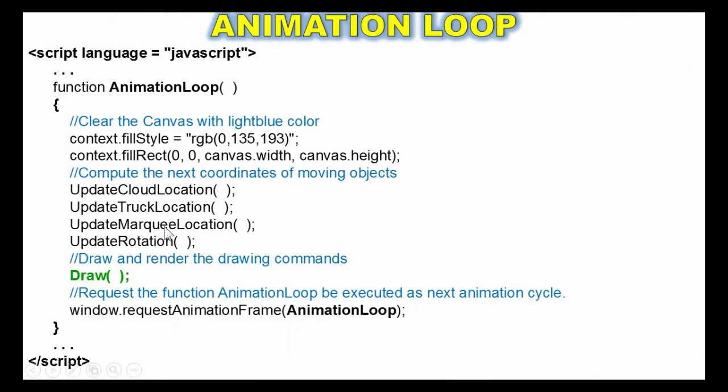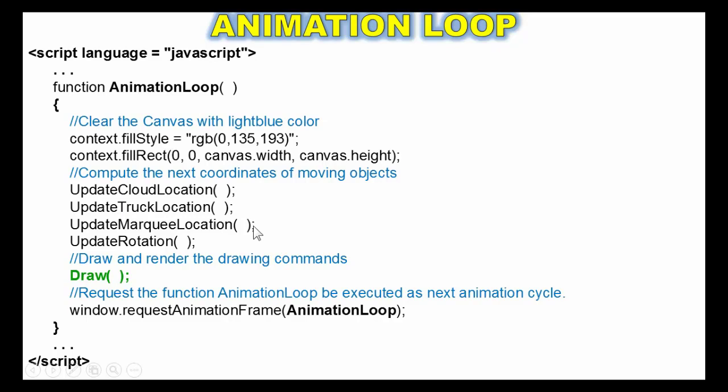Animation loop. In the JavaScript code, you place your drawing commands inside the function animation loop. You can create a function like draw and place your drawing commands in that function, and then call the function draw inside this animation loop so that it will place your drawing on the canvas.